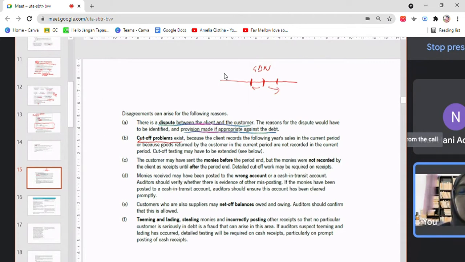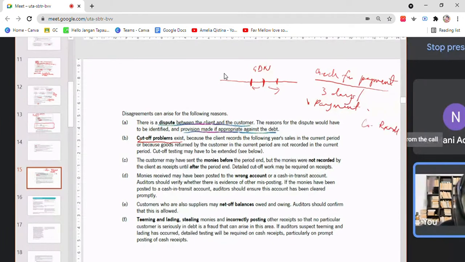Maybe when the customer issues a check for payment, the check is due in 3 days or 2 days. So in the books of the account receivable, they already record it as a payment, but in the company's record, they do not record it yet because the payment is not received.